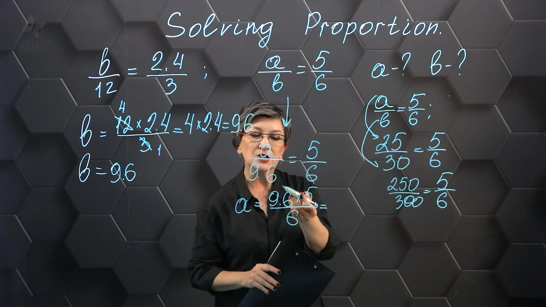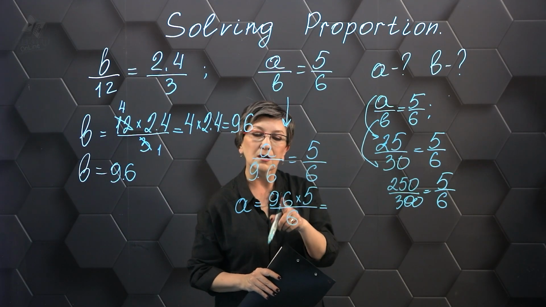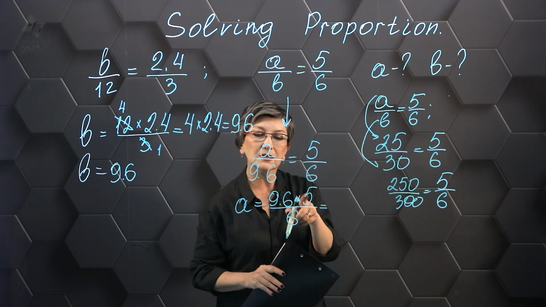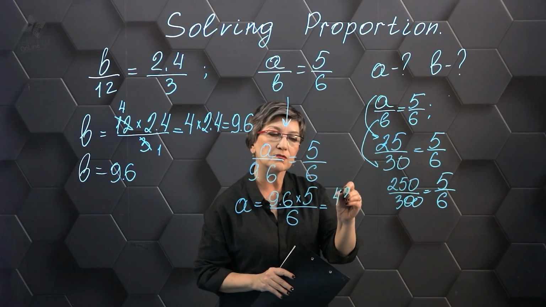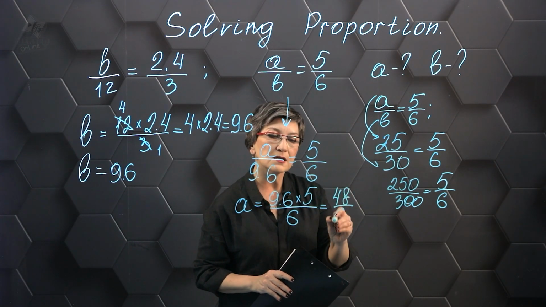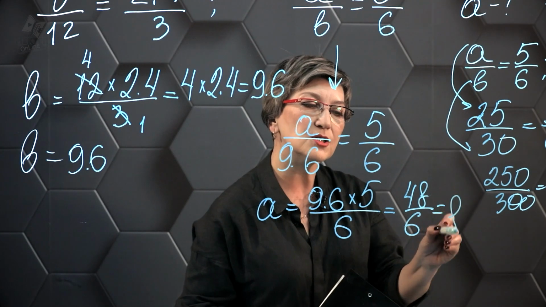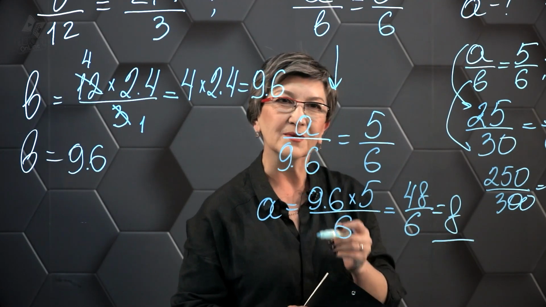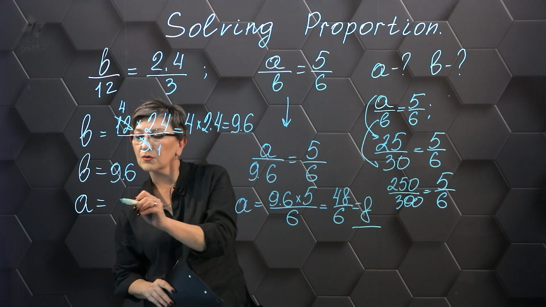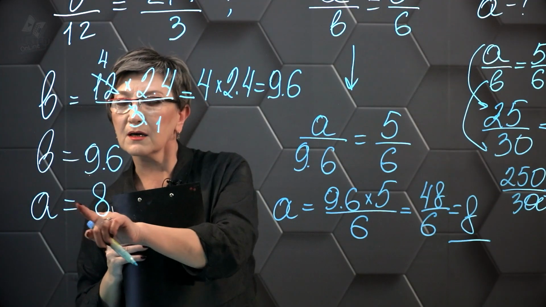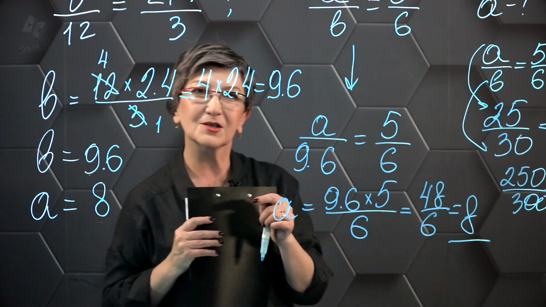We can reduce the numerator and denominator, but let's multiply 9 whole 6/10 by 5. The result is 48. 48 divided by 6 is 8. So let's write down that the value of A is 8. A equals 8 and B equals 9.6.